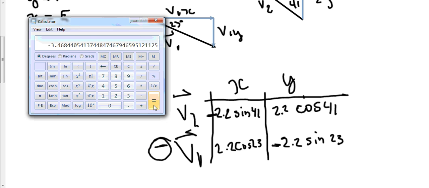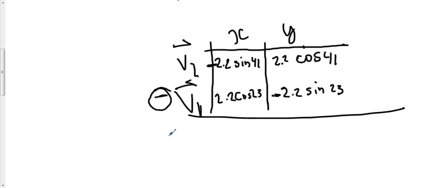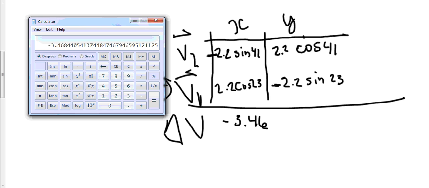So I get minus 3.4, and keeping a couple of extra digits, minus 3.46. So for delta v, the resultant here is minus 3.46. Let me just double check that I wrote it properly. Oh, it's 3.468.